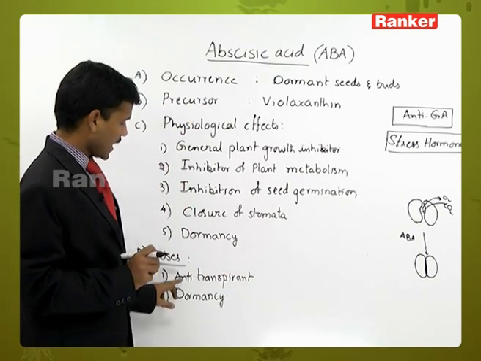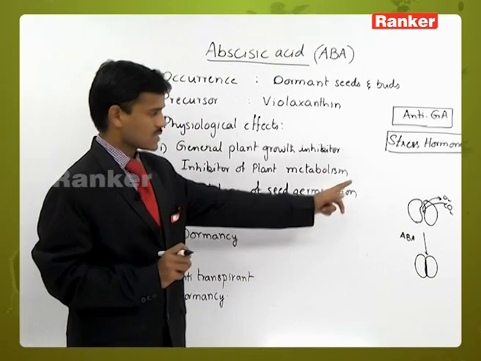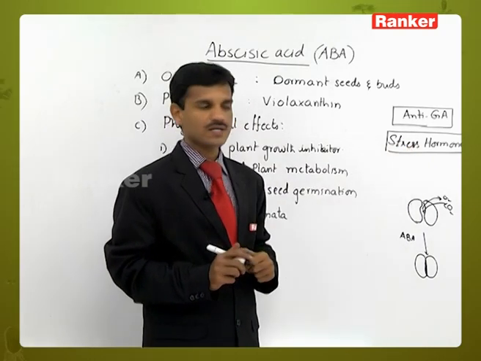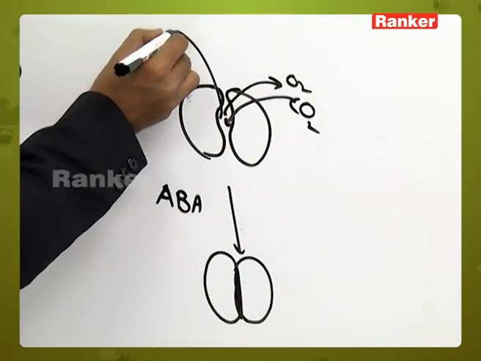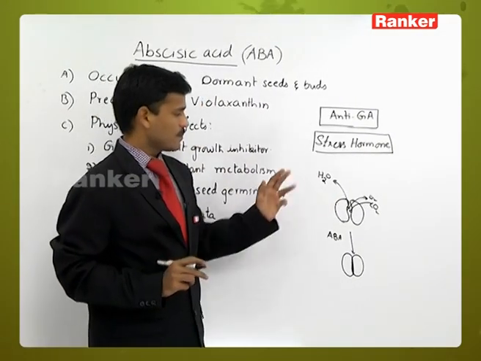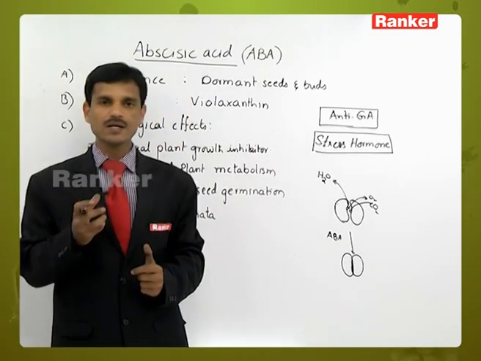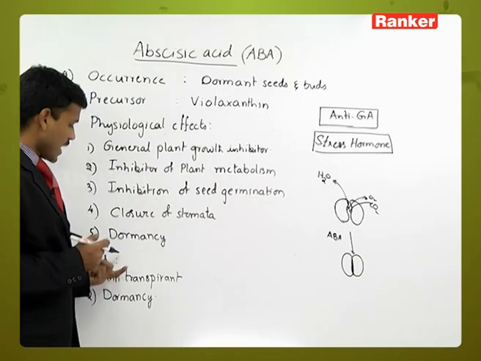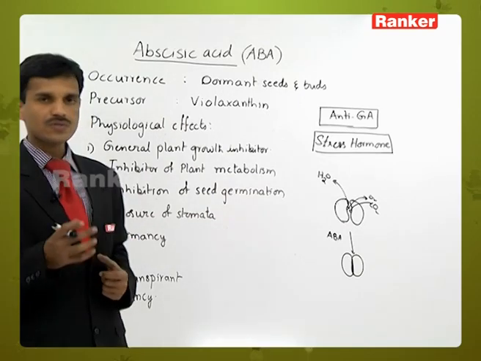Next, uses of abscisic acid. It is used as an anti-transpirant. We already discussed anti-transpirant. The evaporation of water is called transpiration. But transpiration is prevented under scarce conditions, so it is called an anti-transpirant.